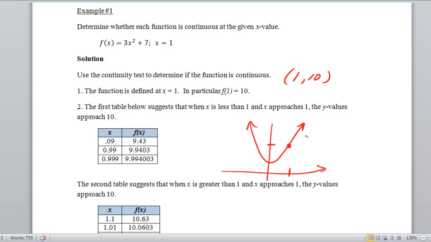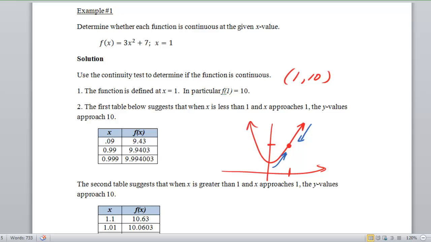Basically, do the values from this side approach the same as they approach from that side? We're looking to see how close we can get to a number without actually hitting that number.